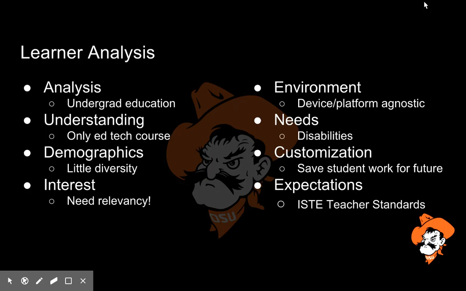And then, as far as the needs of the students, I was thinking in terms of disabilities. And I kind of fell back on some of my instructional design experience, in addition to the readings and the work that we did in this course.